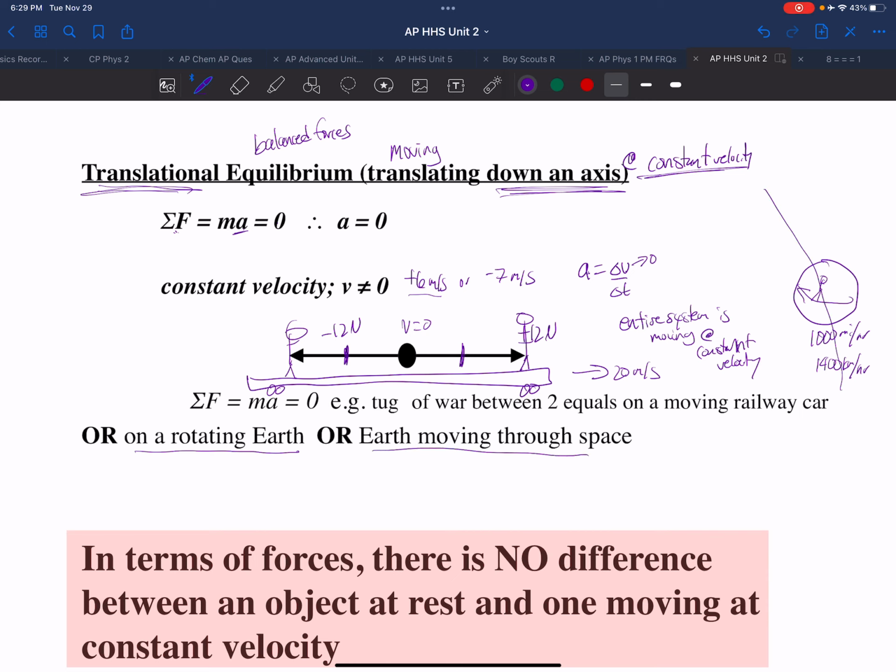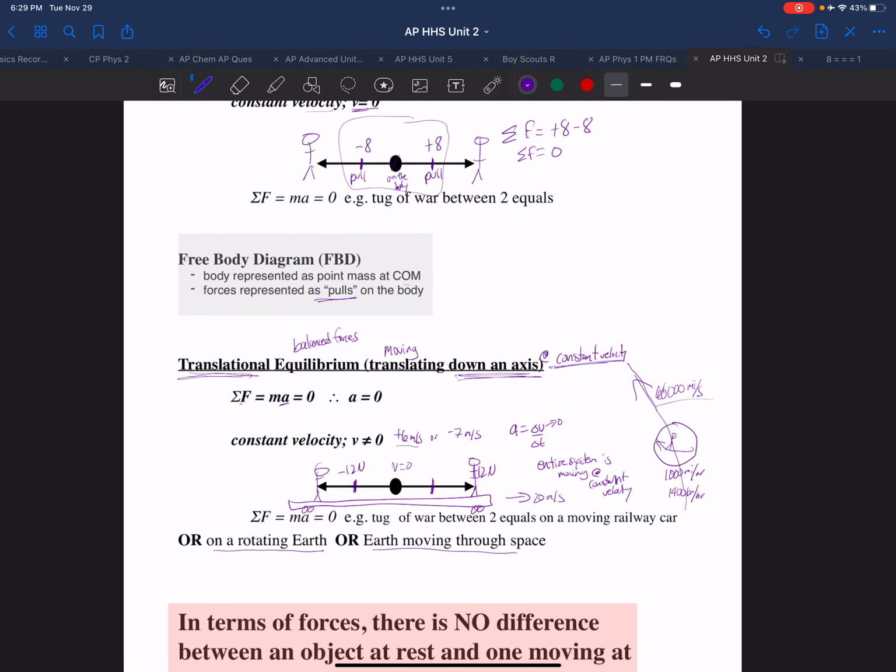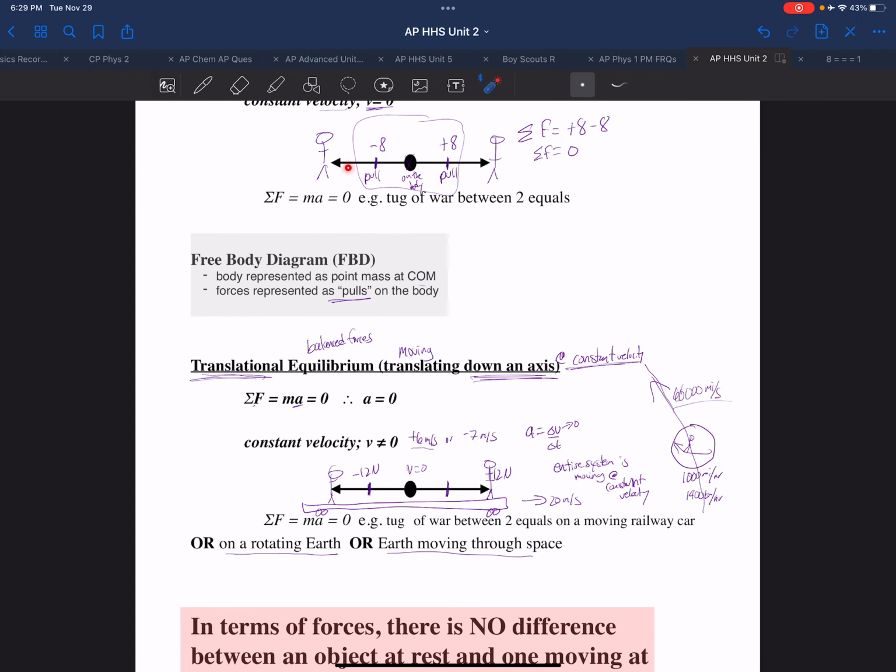Or the Earth moving through space. The Earth itself is translating along this line that represents the orbit as it revolves around the sun, and I believe that's about 66,000 miles per hour, something like that. An unimaginably fast speed that we're moving through space, and we're completely unaware of it. So if you look at these two free body diagrams, they look identical to each other.